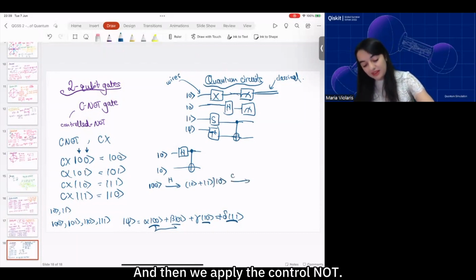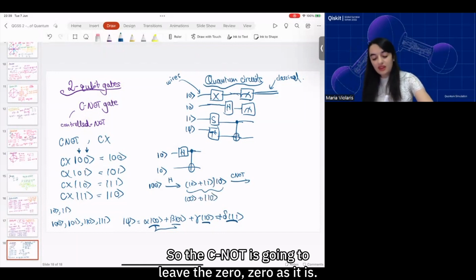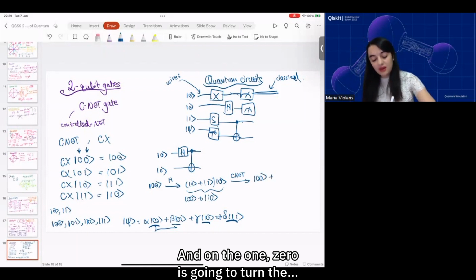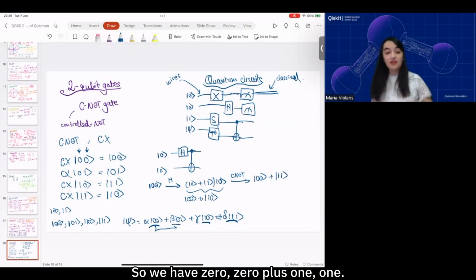And then we apply the control NOT. Well, this state is 0, 0 plus 1, 0. So the CNOT is going to leave the 0, 0 as it is, and on the 1, 0 it's going to flip the second 0 to a 1. So we have 0, 0 plus 1, 1.